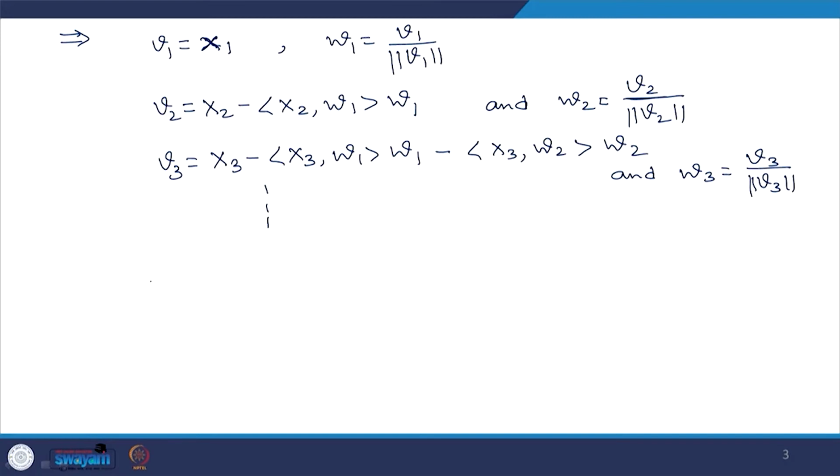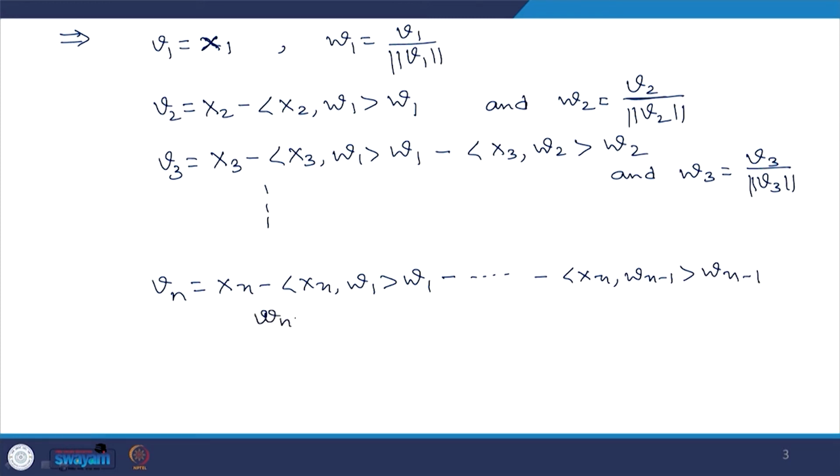If you go in this way, finally you will have Vn, that is xn minus the inner product of xn and W1 multiplied with W1, minus, and finally, the inner product of xn with Wn minus 1 multiplied, this scalar, with Wn minus 1, and then define Wn equals Vn upon norm of Vn.